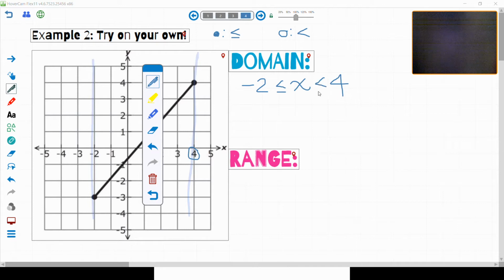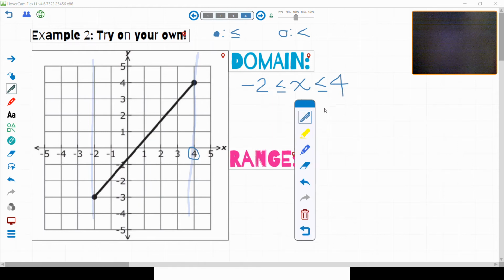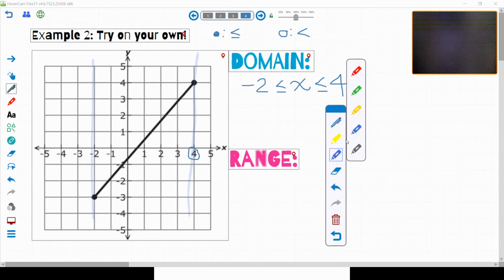Now, whenever you're doing continuous domain and range, this is pretty much our formula. Number, inequality, variable, inequality, number. That's really it. Now, whenever we're talking about my domain, I'm talking about all of these x values.